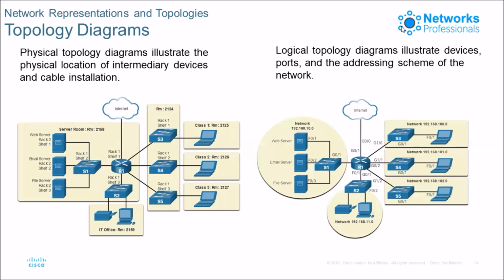But on the right side, there is a logical topology. A logical topology diagram illustrates devices, ports, and the addressing scheme of the network, as shown in the figure. You can see which end devices are connected to which intermediate devices and what media is being used. The topologies shown in the physical and logical diagrams are appropriate for your level of understanding at this point in this course. You can search the internet for network topology diagrams to see some more complex examples.